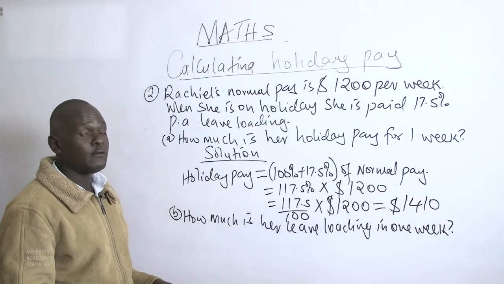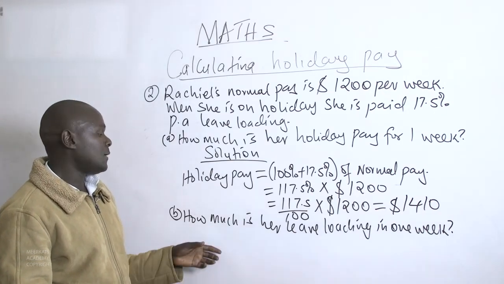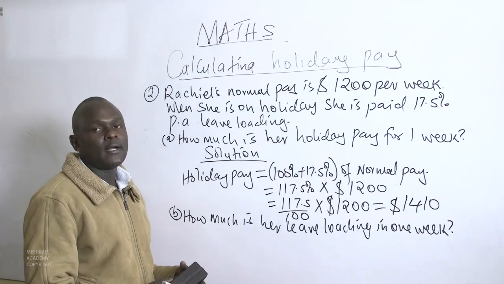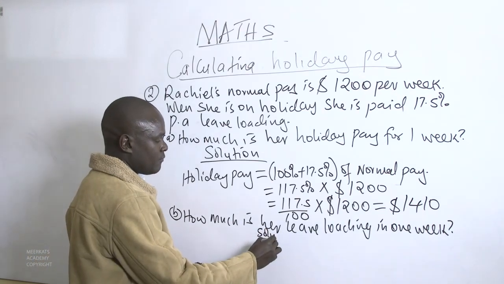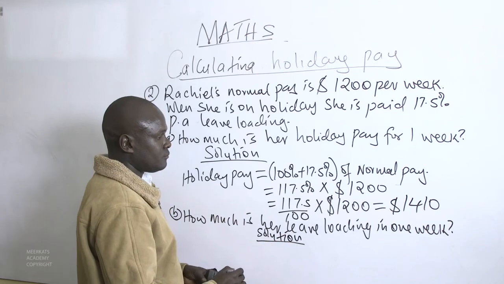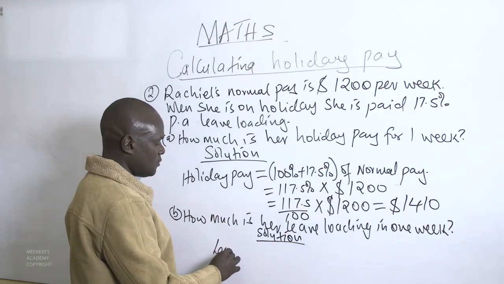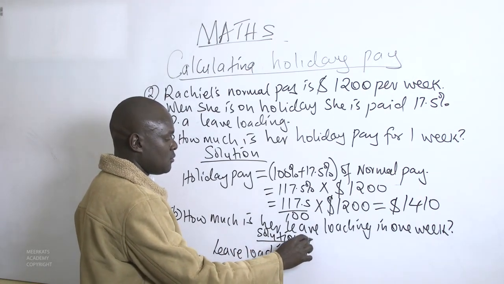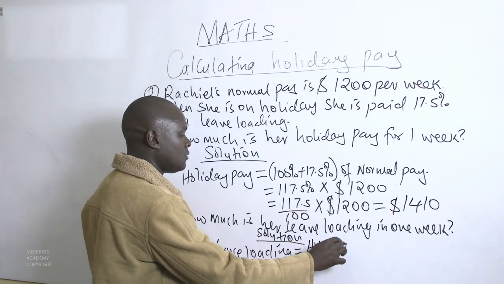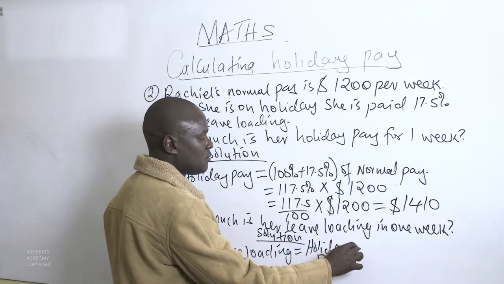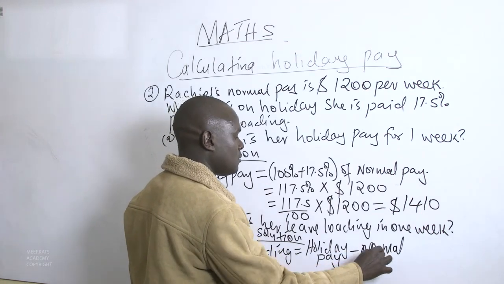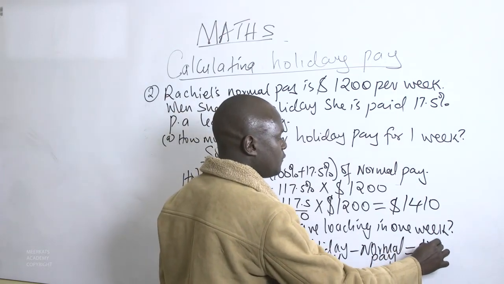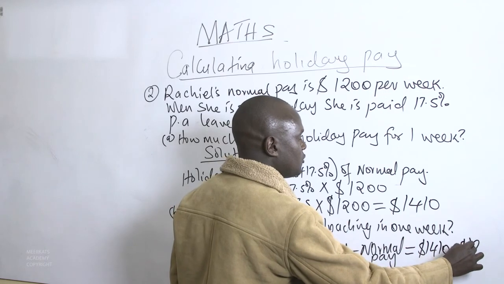We have said in our first example that her leave loading is basically the difference between the holiday pay and the normal pay, which will be 1410 minus 1200.